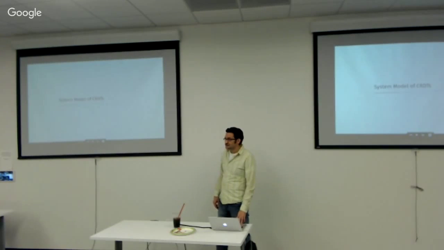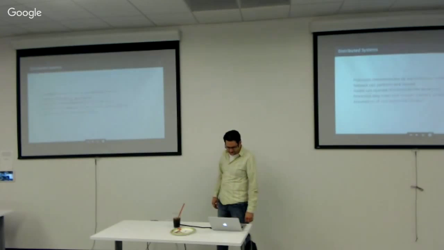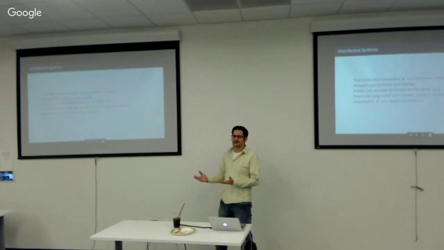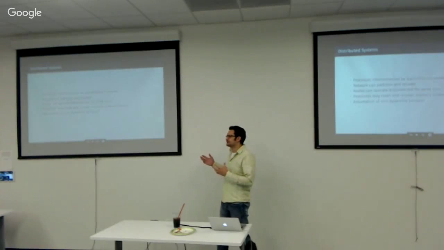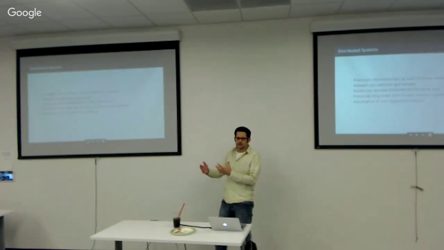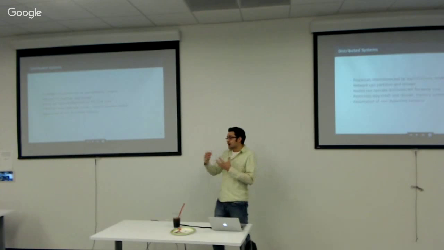Now I'm going to get into the model for CRDTs, which is basically how they formalize this. These are really important for distributed systems research because a lot of results are impossibility results, or things that are possible only within a certain set of circumstances.